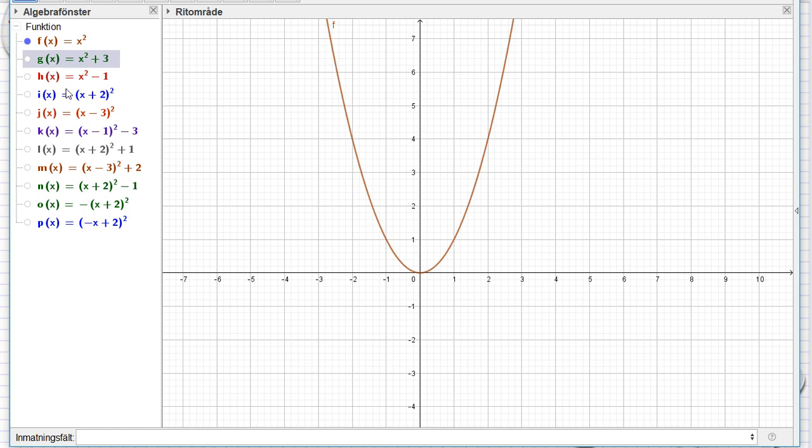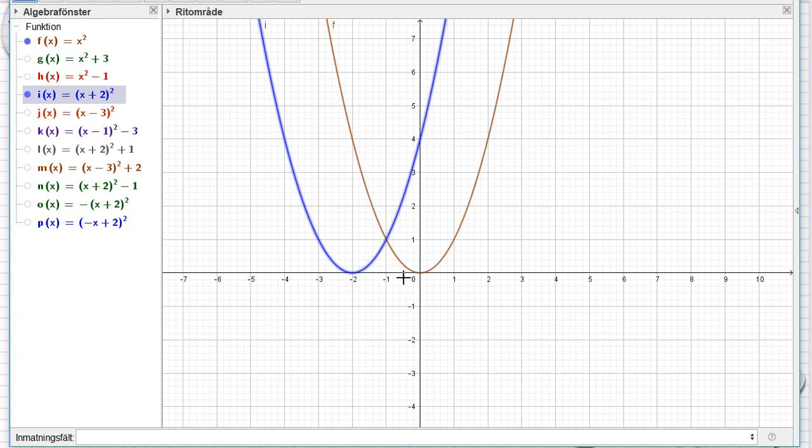What happens if I'm not adding to the function, but adding to the x of the function? For example, we have x plus 2 in parentheses, squared. That means our f of x is still the orange one. What happens if I add 2 to x? It transforms 2 steps, and I'm going to explain why later.